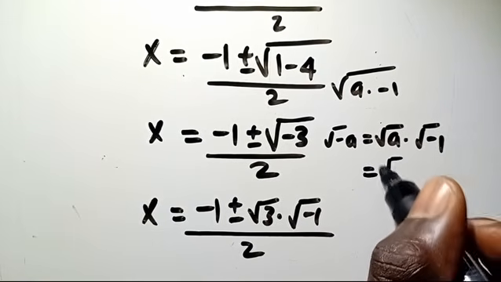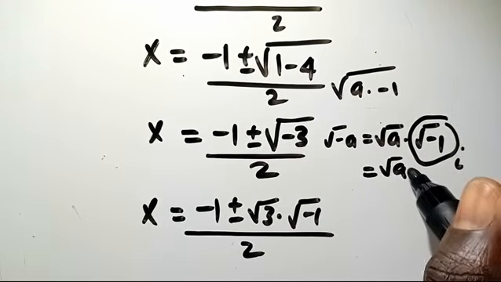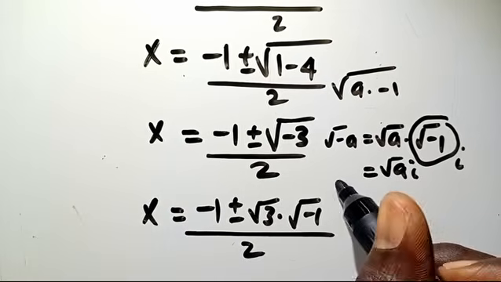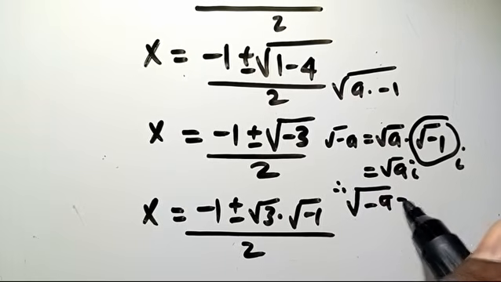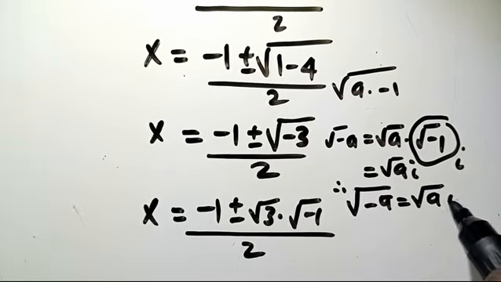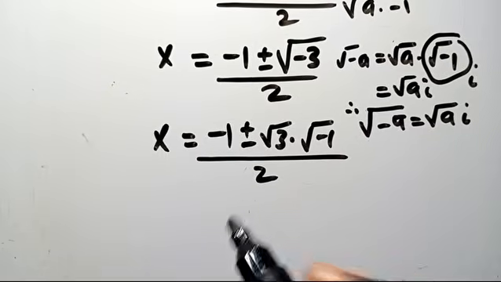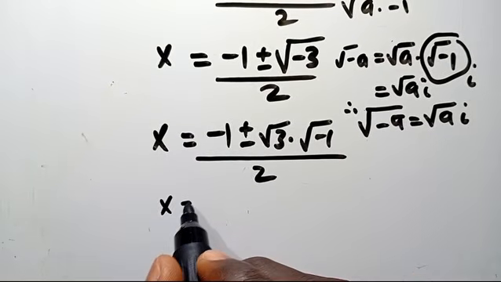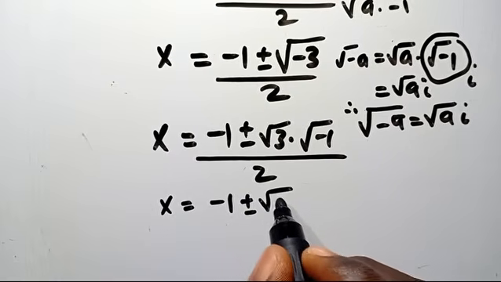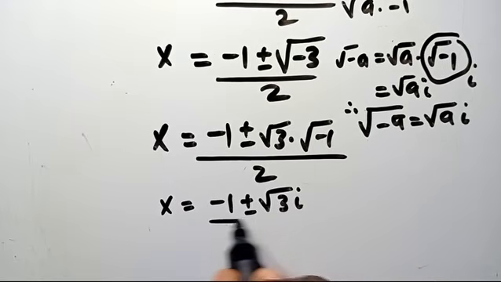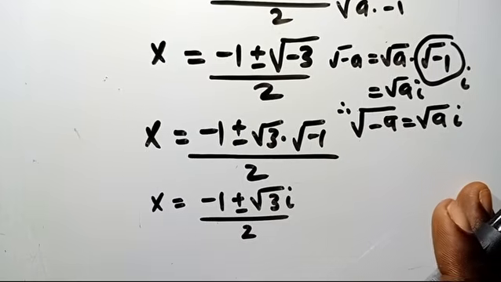And root of minus 1 equals i in a complex number. So we have it multiplied by i. Therefore, one can declare that root of minus a equals root a times i. So from here, we have x equals minus 1, positive or negative, root 3 i over 2.